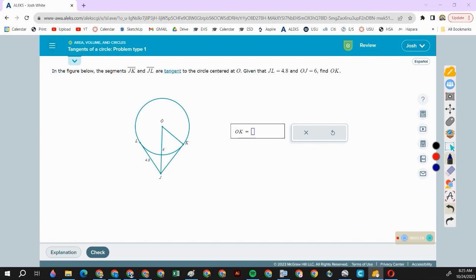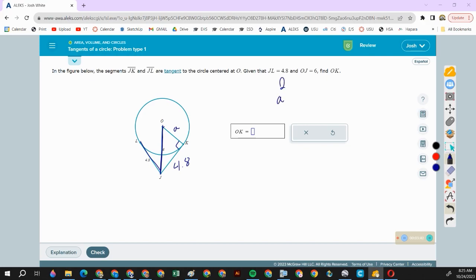All right, so OJ is 6. So this length is 6, and this length is 4.8. So this length is also 4.8, and that is a right triangle, and I want that length there.